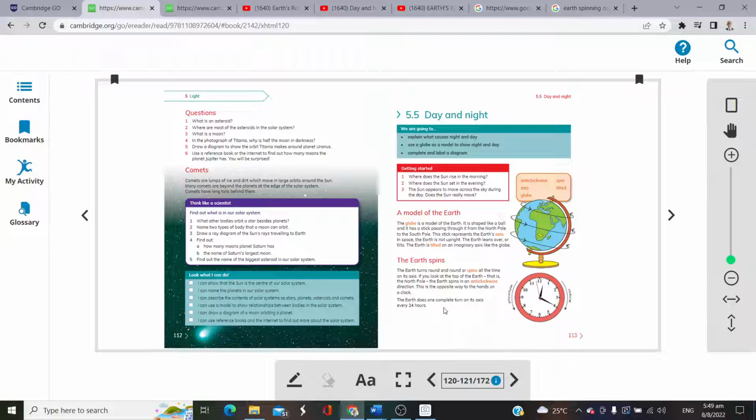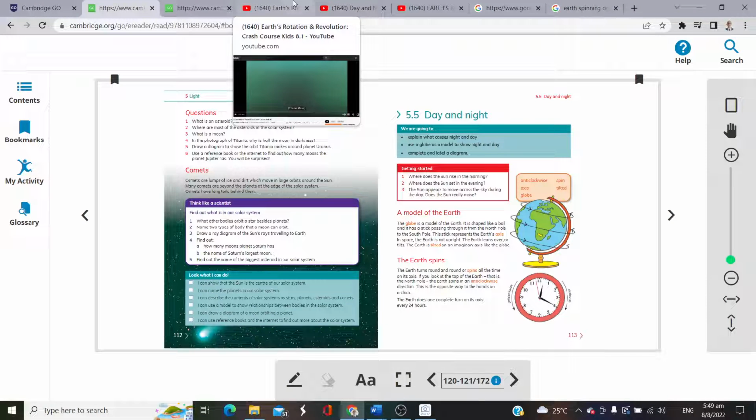Okay. And the Earth's spin on its axis takes 24 hours. That is 1 day. That's why we are talking about day and night here, right? Let's watch one video.